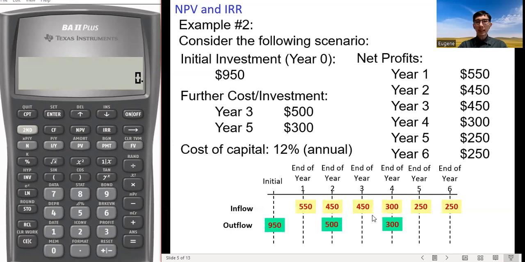In some periods, say by the end of year 2 and at the end of year 4, there are both cash inflow and cash outflow. To enter the value into the calculator, we need to get the net cash flow.